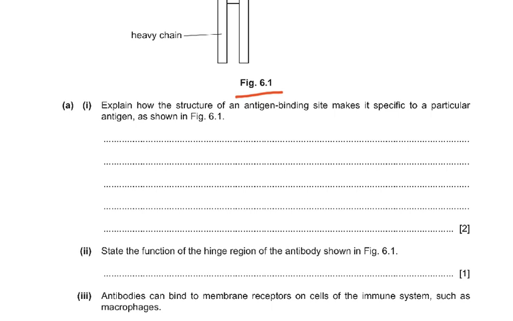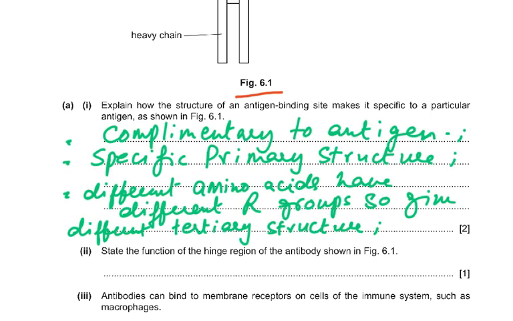So mainly it's the primary structure or the amino acid sequence which will dictate the shape of the antigen binding site or the variable region. So complementary to antigen, specific primary structure, different amino acids have different R groups, so will give a different tertiary structure.